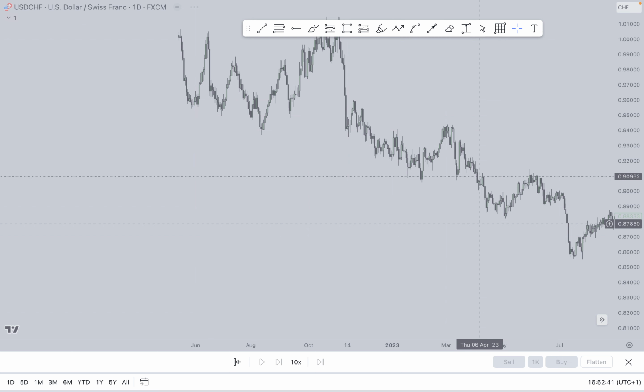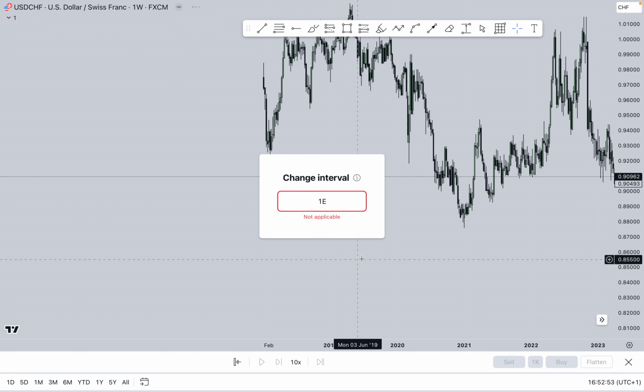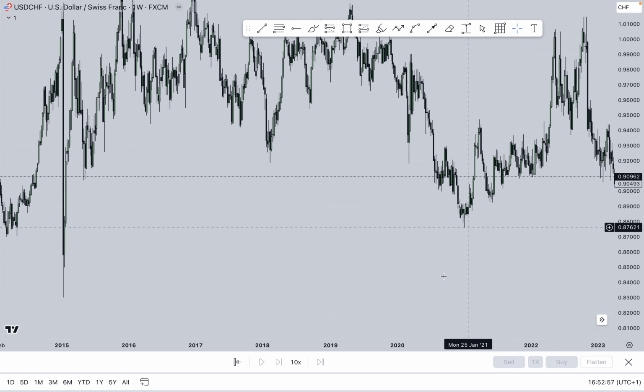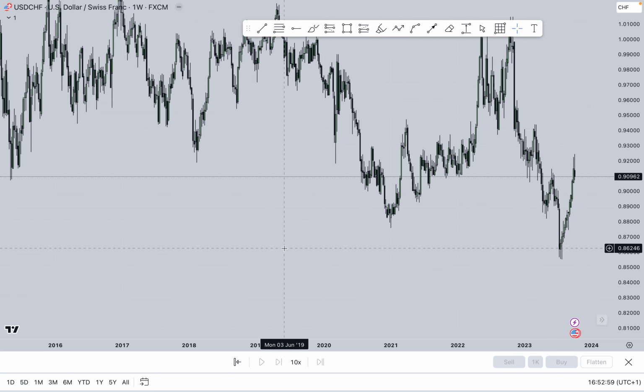So on the 1 week data, what am I seeing? Okay, here's the 1 week. We have this break of structure here.